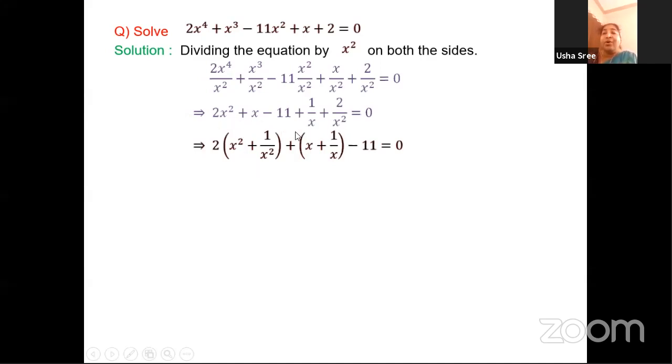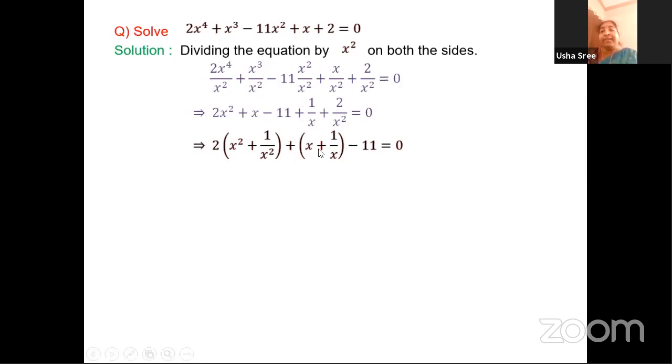Right. So we will try to rearrange the terms what we got. 2x square and the last term 2 by x square, we will take in one bracket, children. 2 into x square plus 1 by x square, plus the second term from your left hand side and the second term from the right hand side, we will rearrange them in the second bracket as x plus 1 by x.